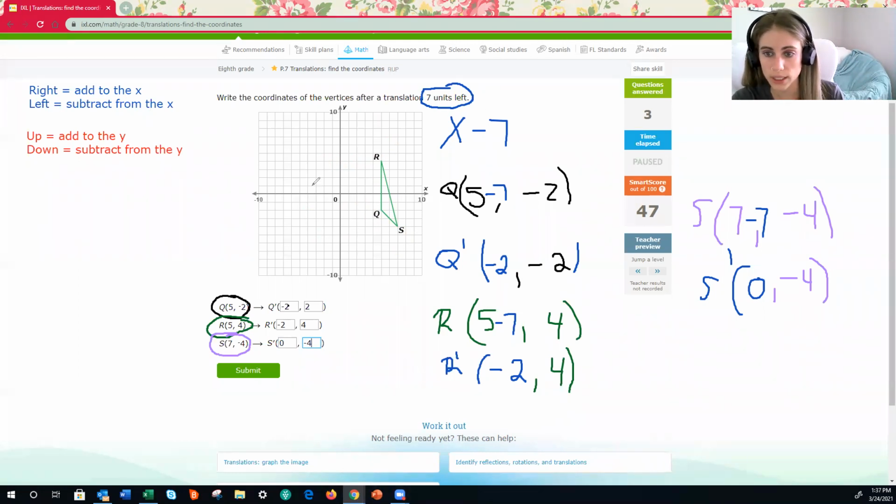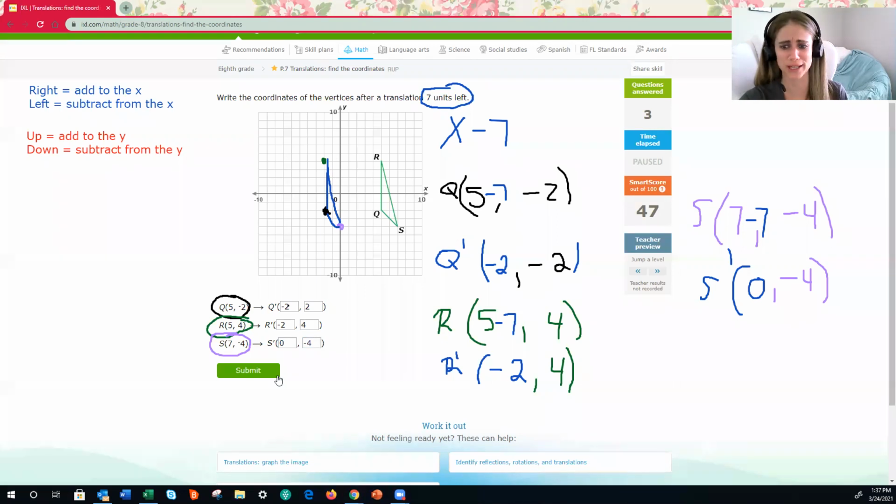So Q is now at -2, 2, so that's point Q. And then R is now at -2, 4. And S is now at 0, -4, which means I'm not the best at drawing, but there we go. See, I'm not good at drawing, so it doesn't look right, but I promise it is. We have our triangle that's been translated 7 units left.